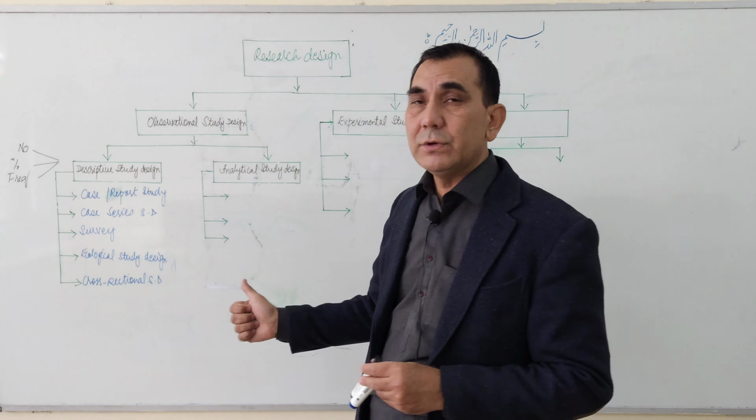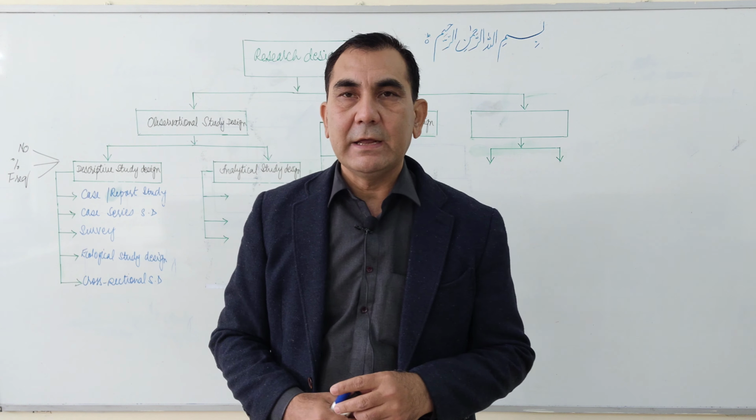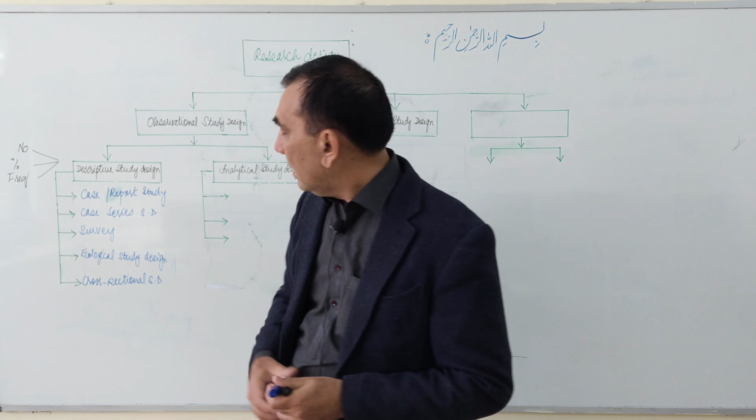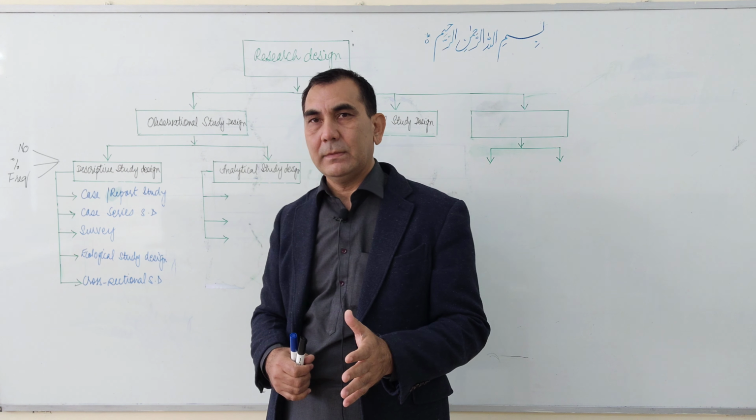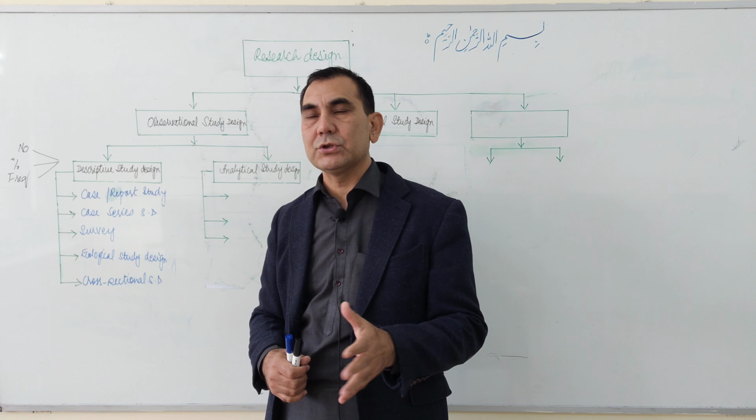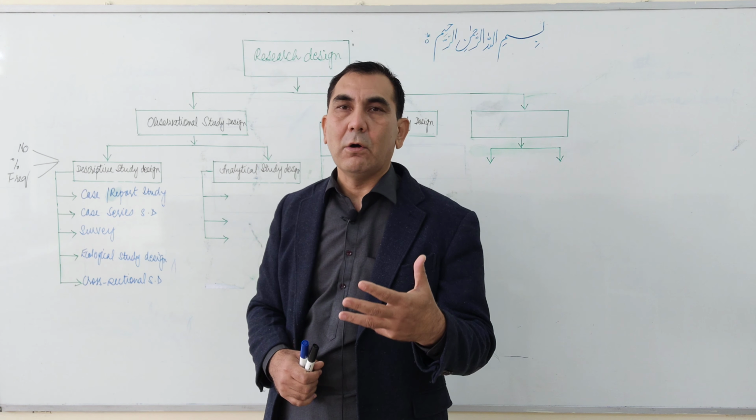Now the fourth type of the descriptive study design is called the ecological study design. The ecological study design is a descriptive study design in which the researcher studies the ecosystem and its application on the health of the population or the people of an area.